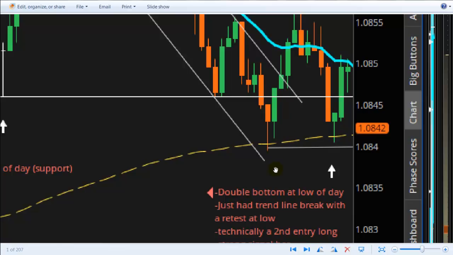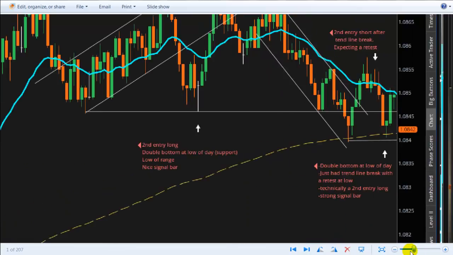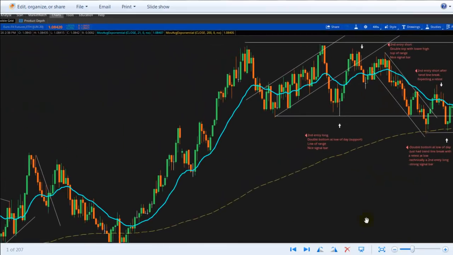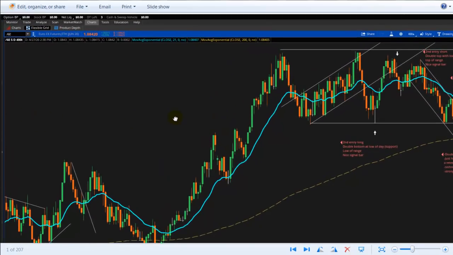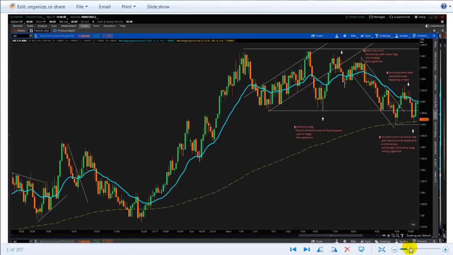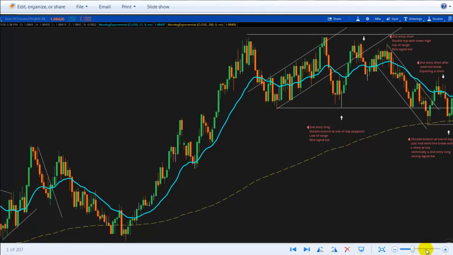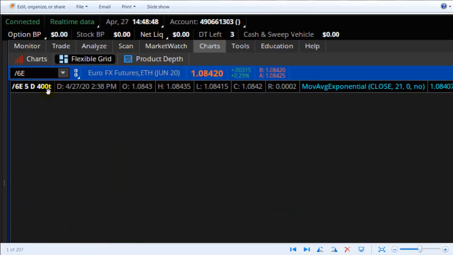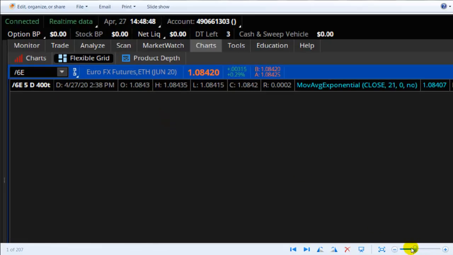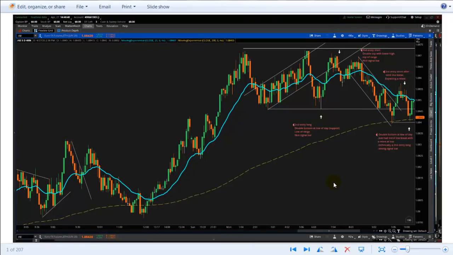So nice trading. But really the reason I showed this chart, I just wanted to show you that this is the euro, and this stuff works in every market. You see the same thing. Can we see what chart he's trading here? He's trading a 400 tick chart, so that's a little better than the 233.